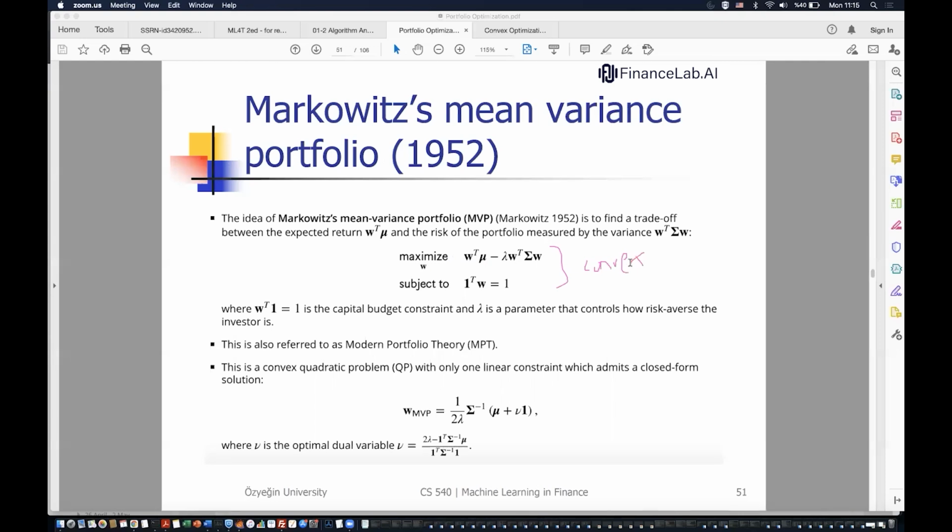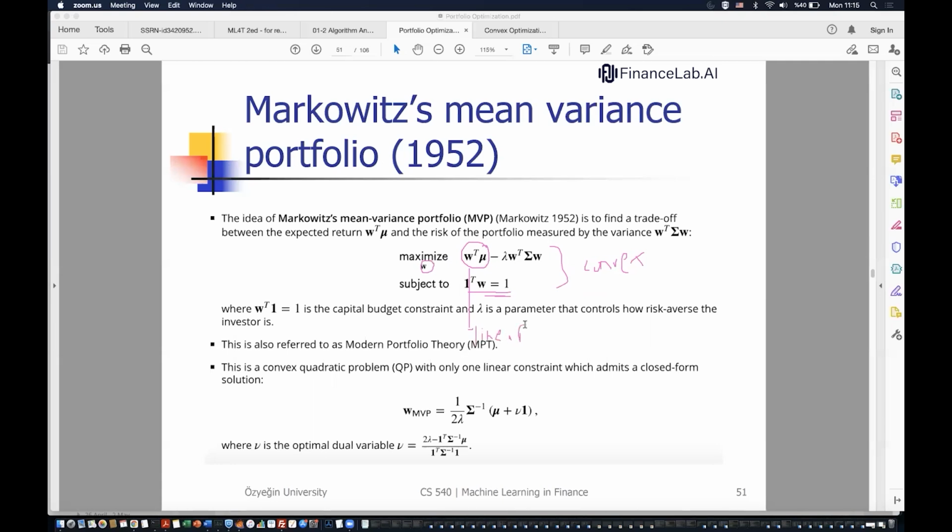And in this case, we have quadratic terms in the objective function. In this case, W, the weights of the portfolio, are unknown. But we know that the weights of the portfolio will add up to 1, because this is one of the requirements. And in this case, we try to maximize the expected return. So this is a linear constraint, as you see here.